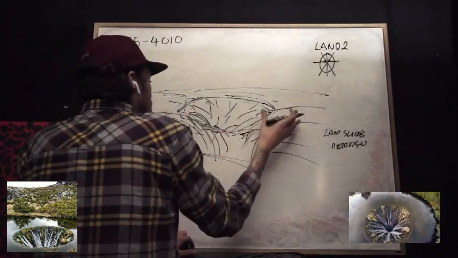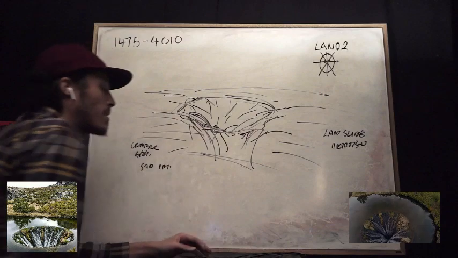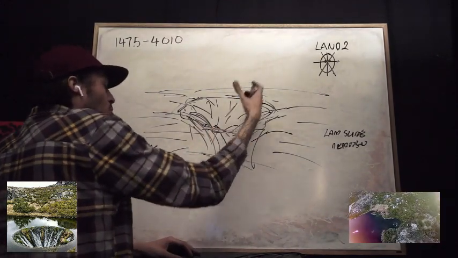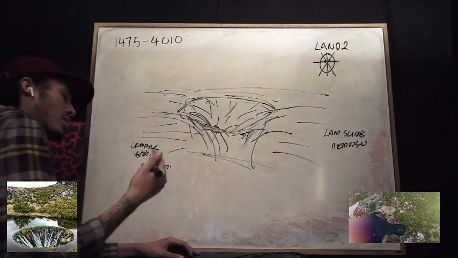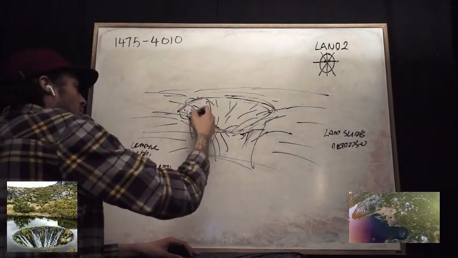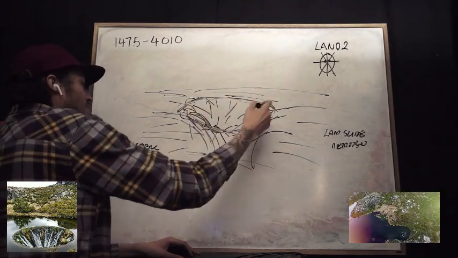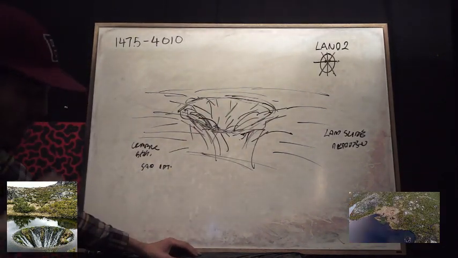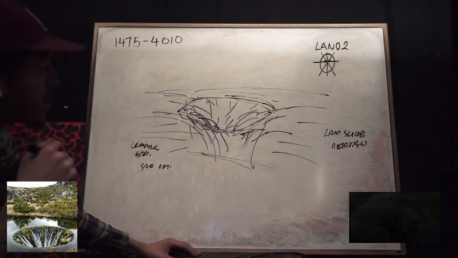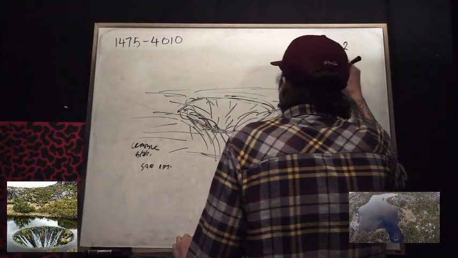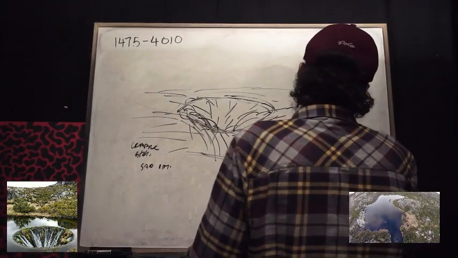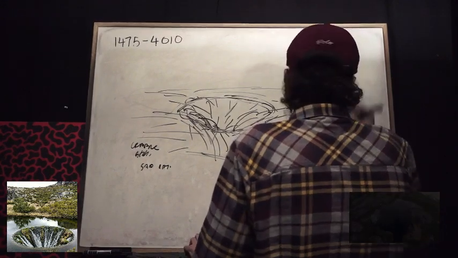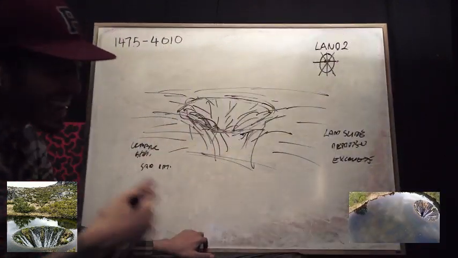So I see kind of like this circular type feature. It looks almost like a hole, a sinkhole, or I don't want to call it a sinkhole, but there's a hole there in the land. I get a sense of like excavate.